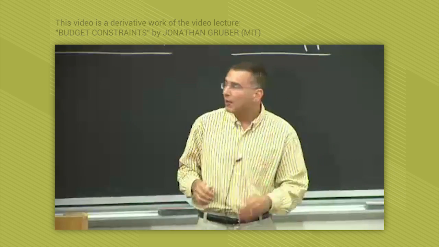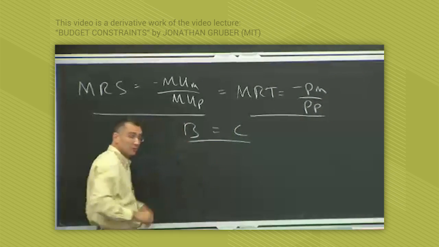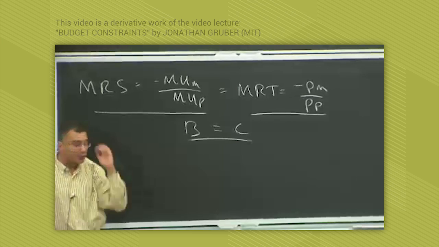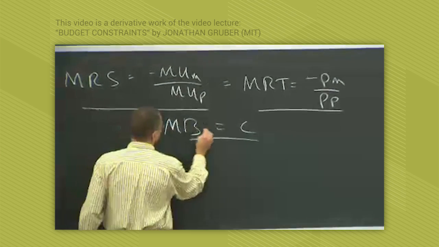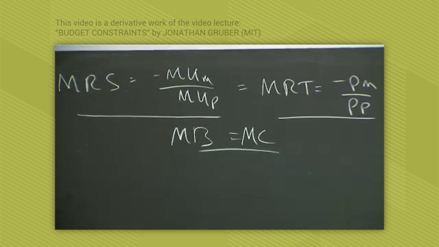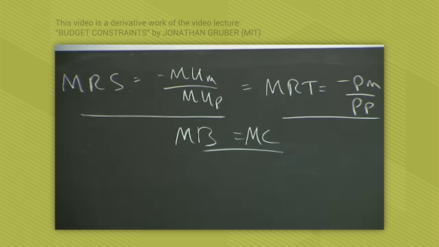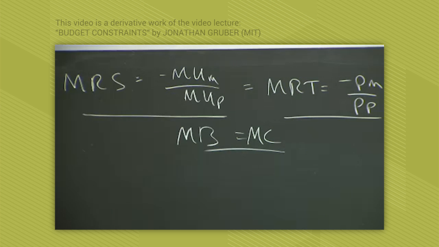So what we're saying here is we're setting benefits equal to costs. In particular, we're setting marginal benefits equal to marginal costs. The marginal benefit, the benefit to you of that next movie in terms of pizza, has got to be equal to the marginal cost, the cost to you of that next movie in terms of pizza.